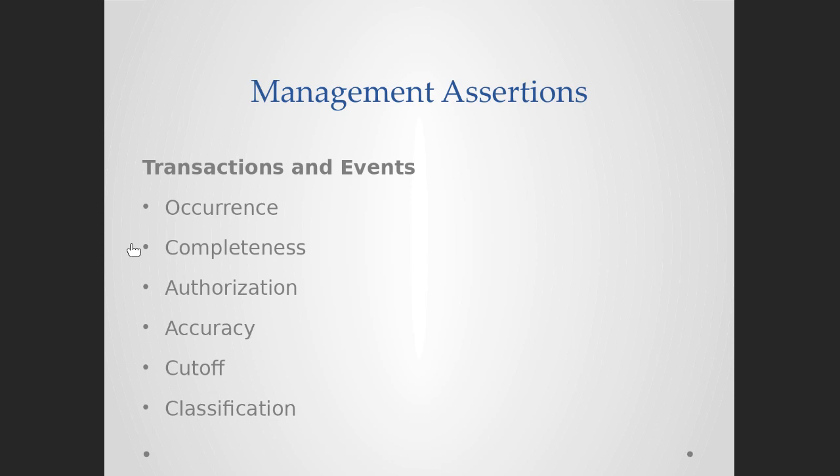Occurrence is anything that is recorded happened. Completeness is anything that happened was recorded. So in occurrence, if you find a journal entry, you will find the documents that came before the journal entry. That means it happened. In completeness, if you have a document, you can go and find the journal entry in the financial statements. Is that clear?